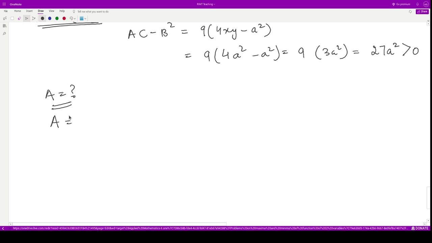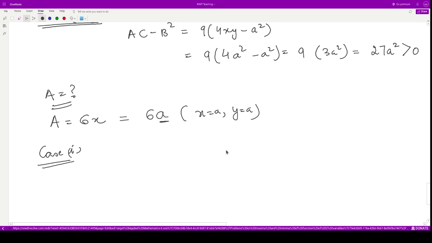Capital A is 6x. And when you substitute the point, it would be equal to 6a at the point x is equal to a, y is equal to a. So at this point, its value is equal to 6a. Now depending upon the sign of a, we have two cases. In the first case, if small a is greater than 0, that means capital A is also greater than 0.